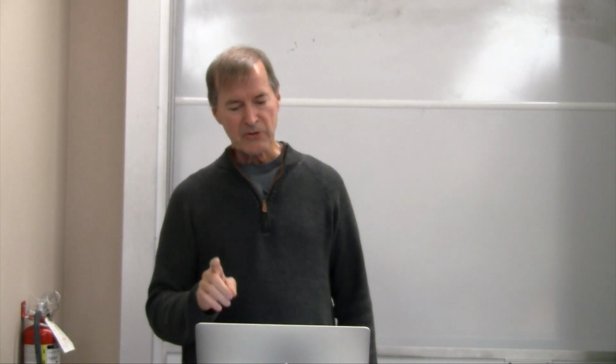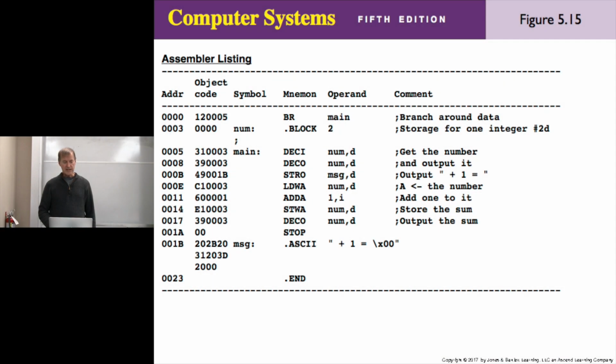Okay. Now, before we demo this, there's one more item that we need to look at. Notice that in num, the second line of the assembly language code, the symbol num is .block 2, and what does the comment say there? Storage for one integer, and then what do we have? That pound 2D.